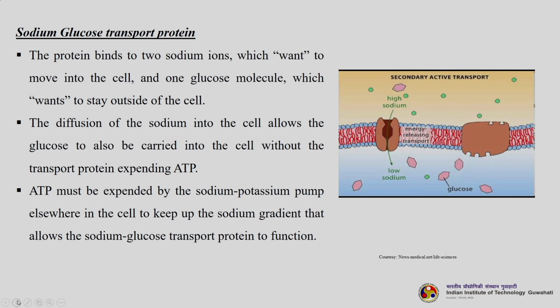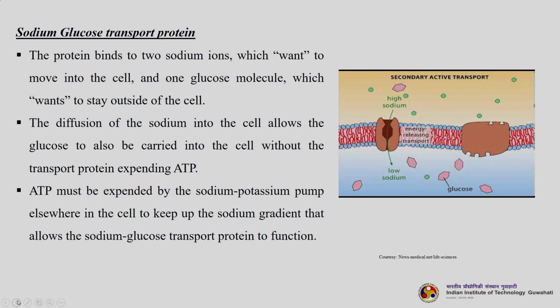Another example is the sodium glucose transport protein. We discussed this a little earlier, but just for another time. This is a secondary active transport system. The protein binds to 2 sodium ions which want to move into the cell and 1 glucose molecule which wants to stay outside of the cell.